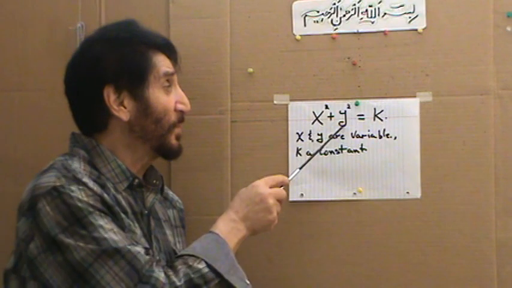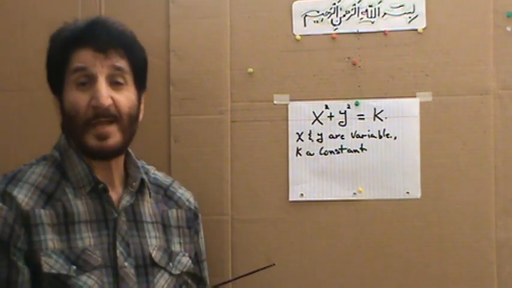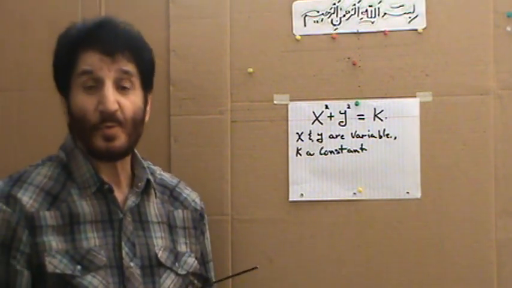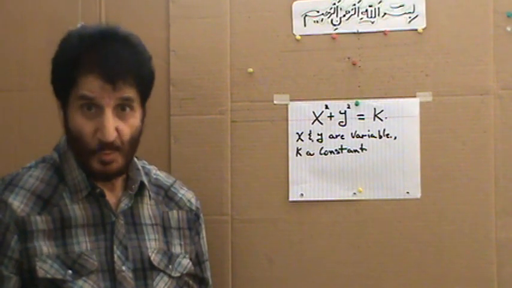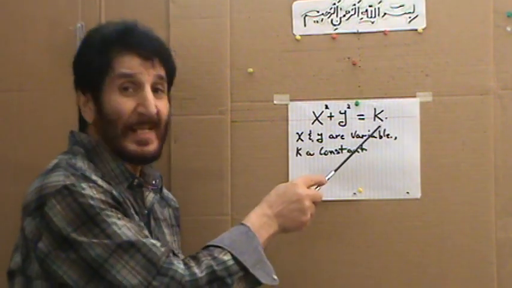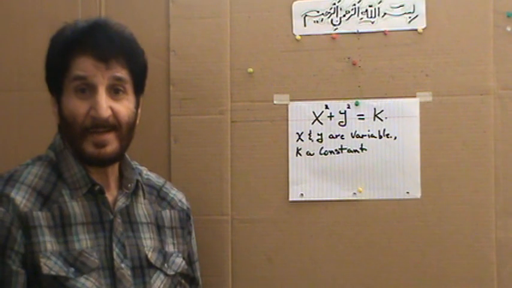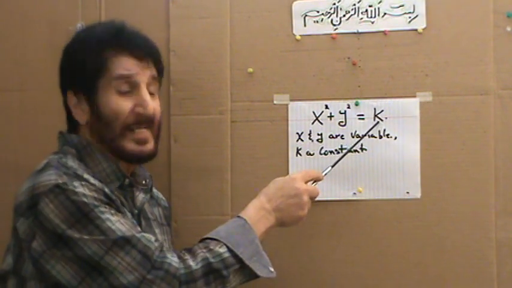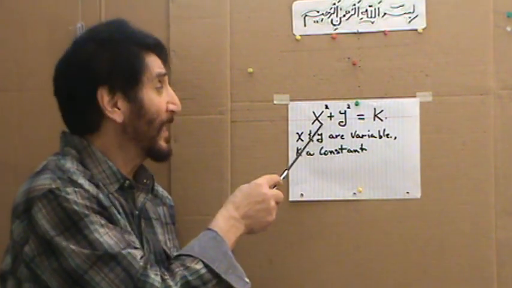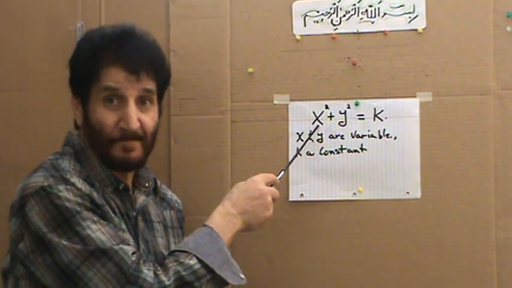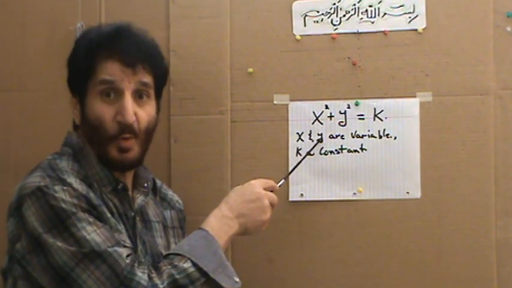And the same is true with y. The domain of that cannot be less than -2 or greater than 2. Now, k is the one that determines that. For example, in this case, when k is 4, let's say x is 1/2, then 1/2 squared is 1/4.